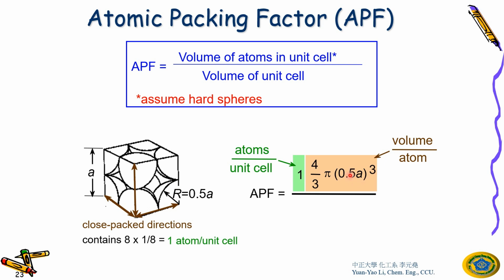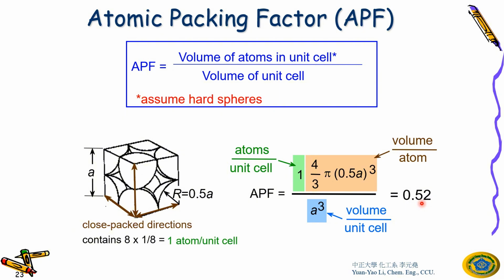So the radius is 0.5a, where a is the length of the cube. Okay, and then you have a to the power of 3 here, because this is the volume of the unit cell. As a result, you get 0.52. This is a kind of ratio, right? Because this is volume divided by volume. That means there is no unit.